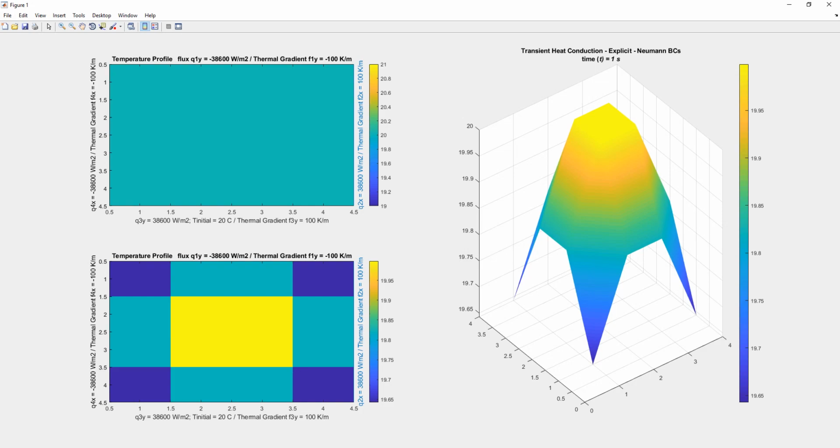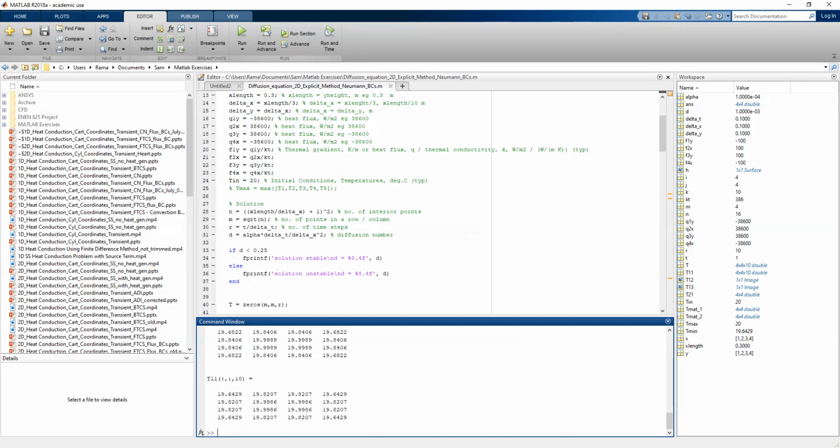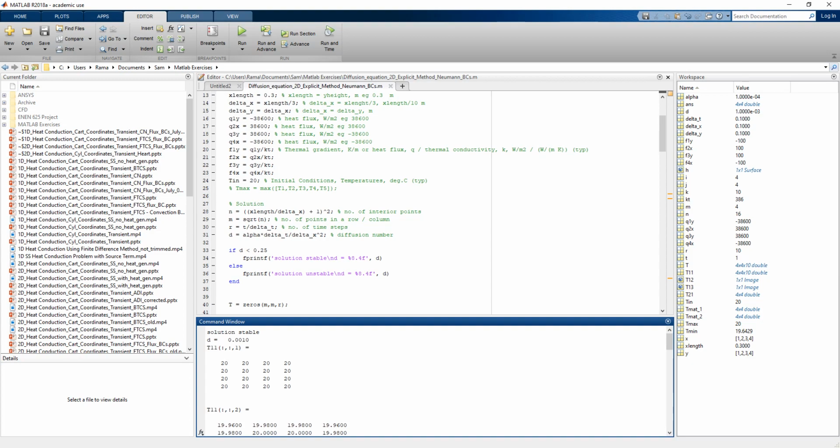The bottom at the left hand side is the final condition, and we just saw the animation at the right hand side. For the first time step, here 1 represents the initial time step. The temperature at all 16 nodes is given as 20 degrees Celsius.